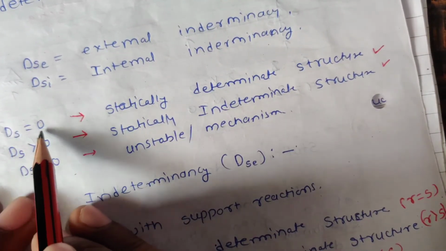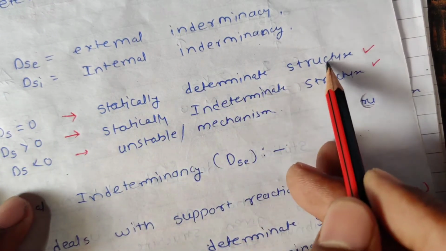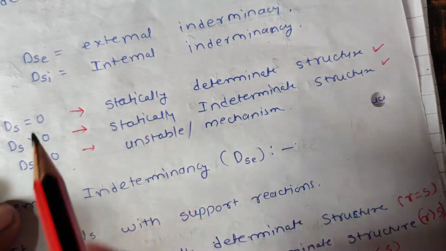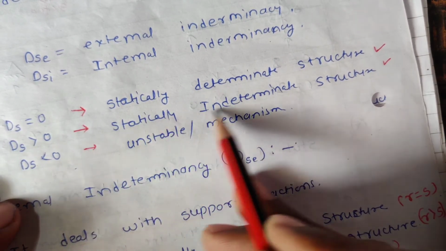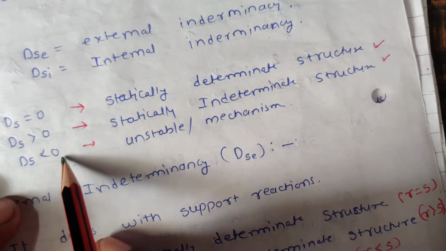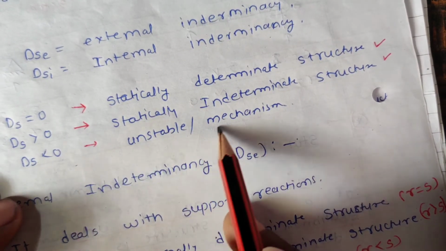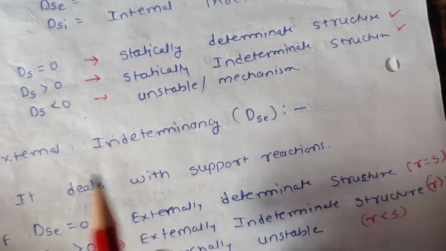If DS is equal to 0, it is a statically determinate structure. If DS is greater than 0, then it is a statically indeterminate structure. If DS is less than 0, it is an unstable mechanism.